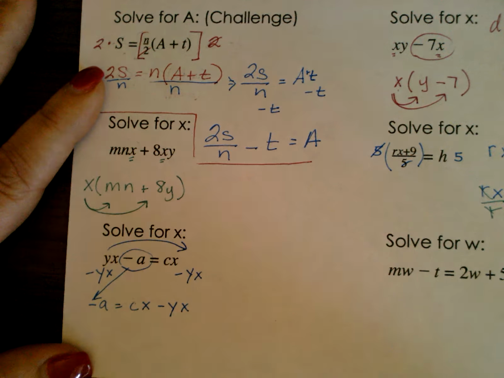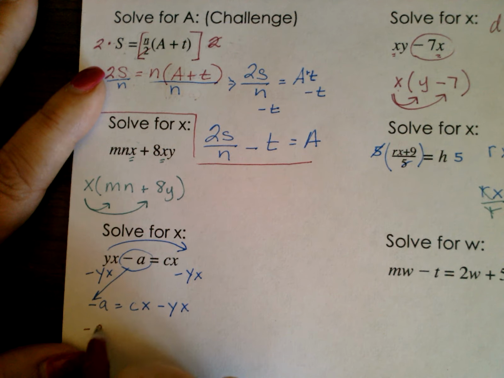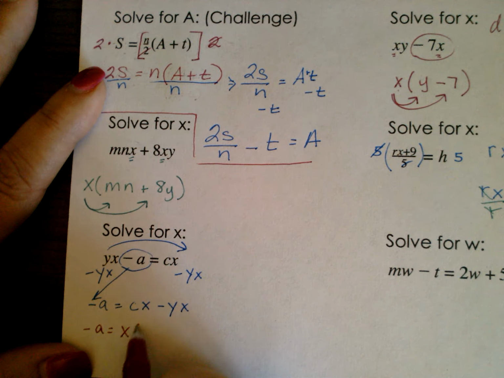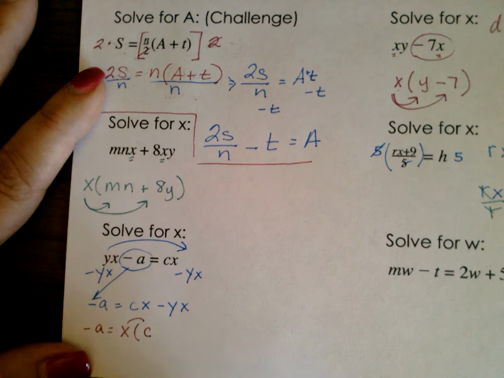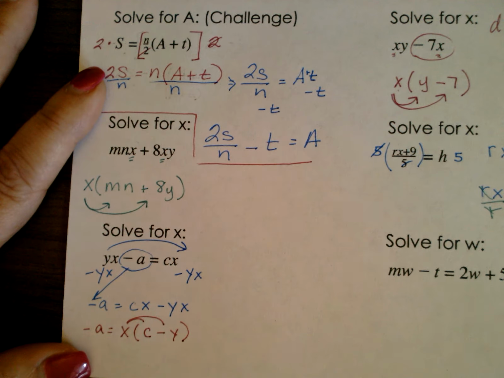I notice that I have two terms attached by a minus sign that have x's, so I need to distribute backwards. X times c would get me cx. X times negative y would get me back to negative yx.